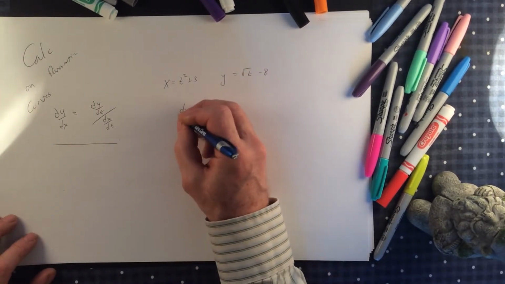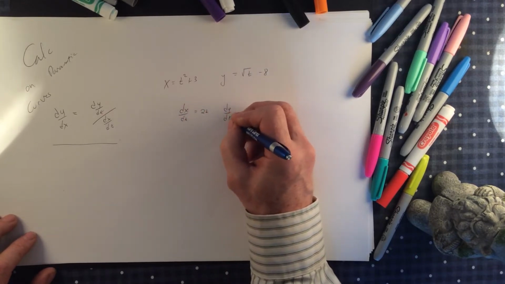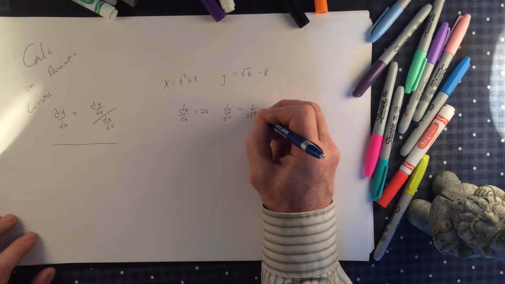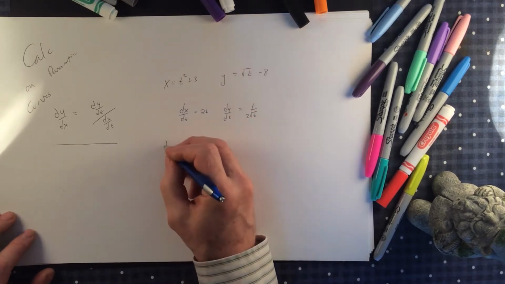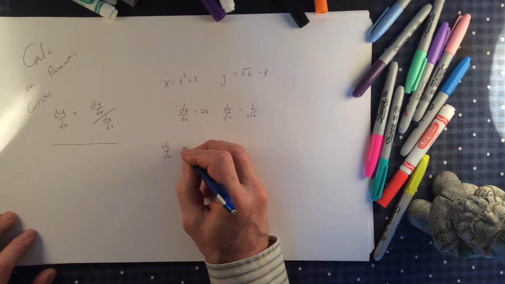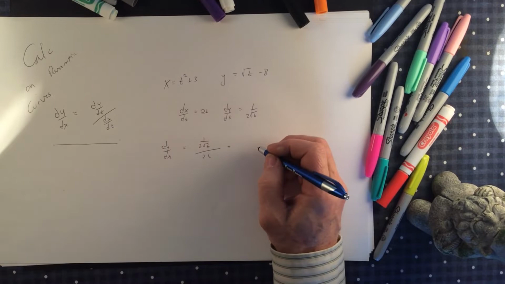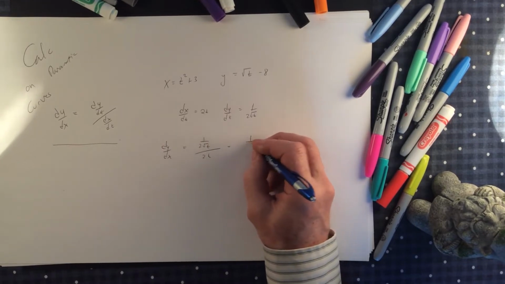So if we calculate dx/dt, which is 2t, and dy/dt, which is 1 over 2 square root of t, now we know that dy/dx will be equal to 1 over 2 root t divided by 2t, which when we invert and multiply, we get 1 over 4t root t.